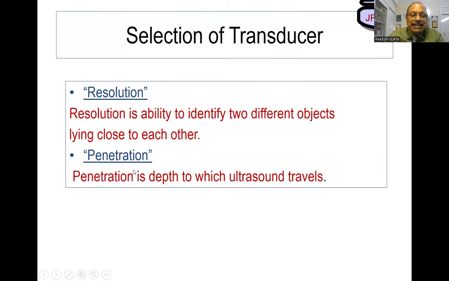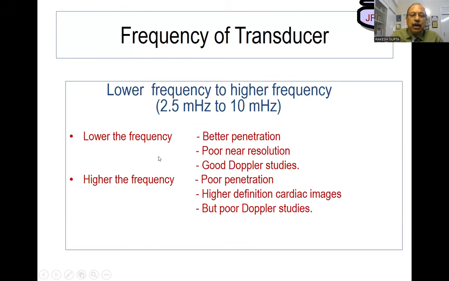Second comes the word penetration. What is penetration? Penetration is depth. A neonate will not need much depth because his heart is closer to the chest, whereas in adults, the heart lies almost 15 centimeters inside the chest. So it is known as penetration. Now, based on resolution and penetration, we come to the type of transducer we use.